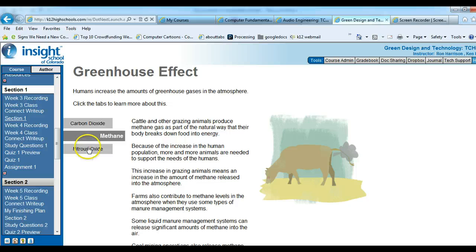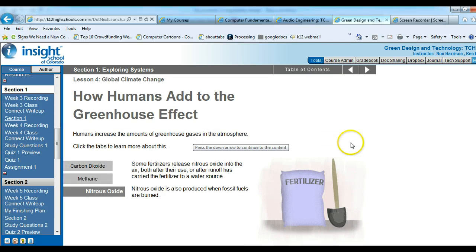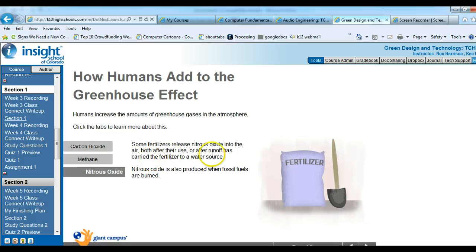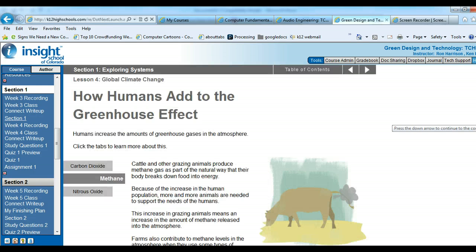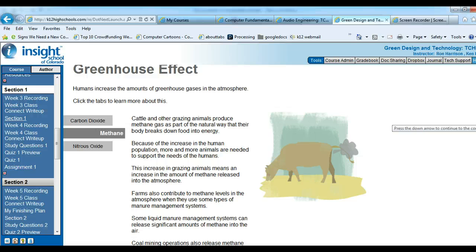Then finally, nitrous oxide. Nitrous oxide is used in our fertilizer, and of course it has runoff, which is bad, but also it's released as a result of burning fossil fuels. Now the other thing about methane that wasn't mentioned here, I don't think it was mentioned, is that methane also happens naturally.